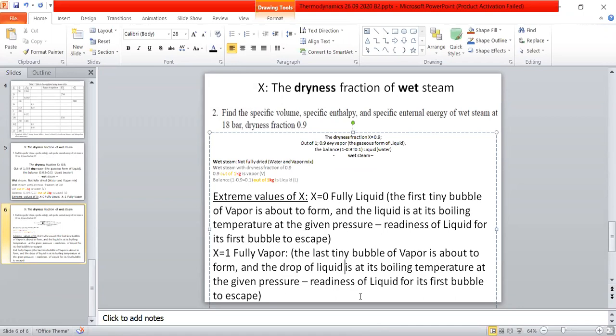Okay, so here I won't say readiness of the liquid for its first bubble to escape.